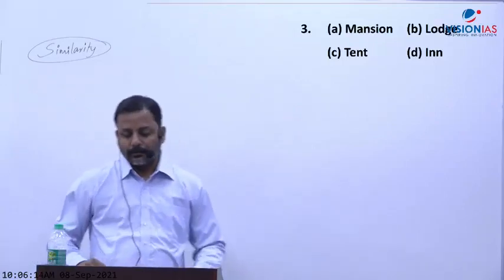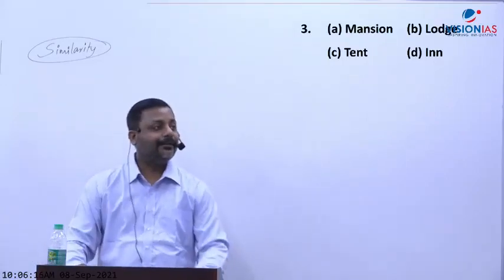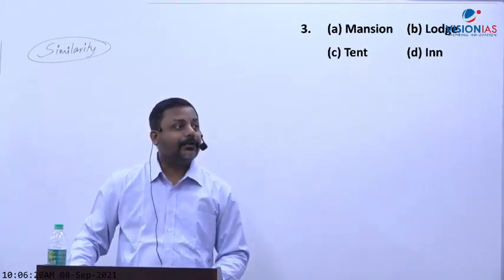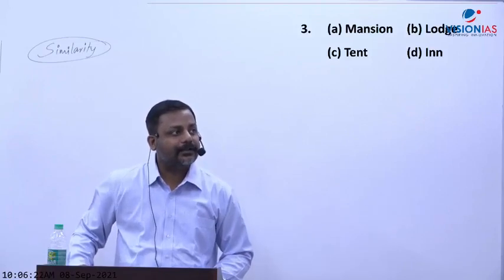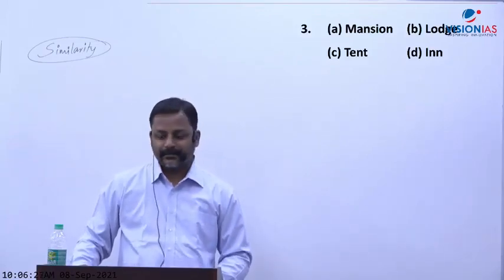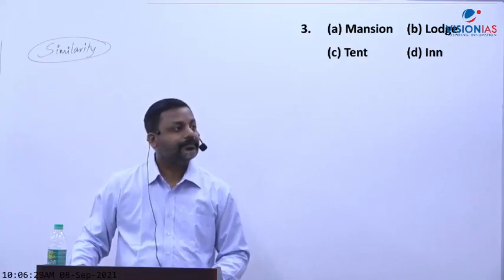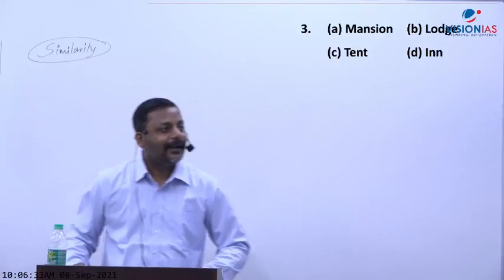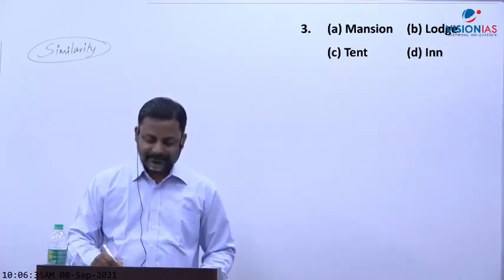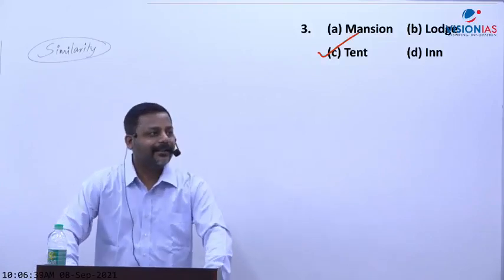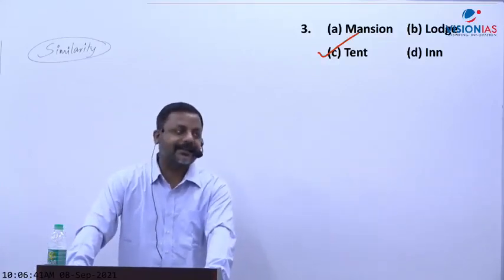Now, mansion, lodge, tent and inn, which one is odd? So the name of this chapter is classification, or you can say odd one out, or you can say similarity and differences. Okay, I considered your answer as tent.